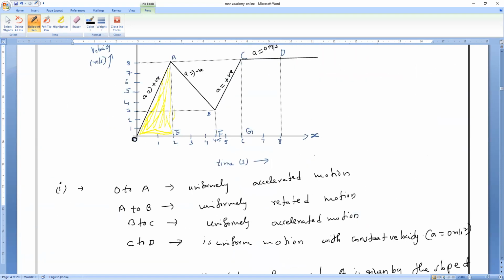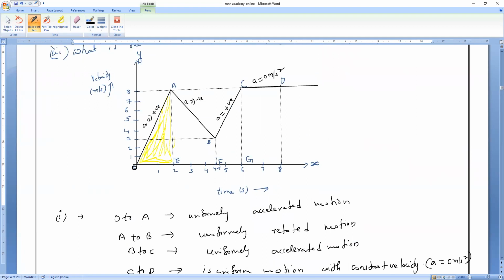Understood? Next, second triangle, A to B. This is the triangle. I will highlight it and increase the thickness also. Tell me the initial velocity and final velocity.